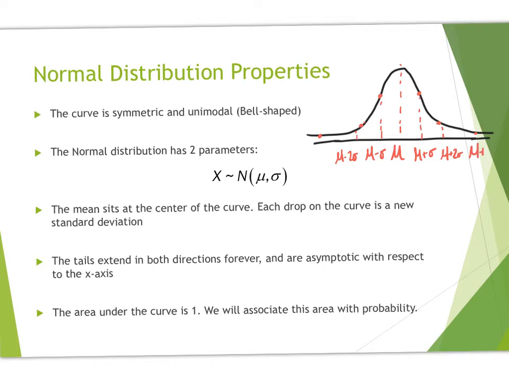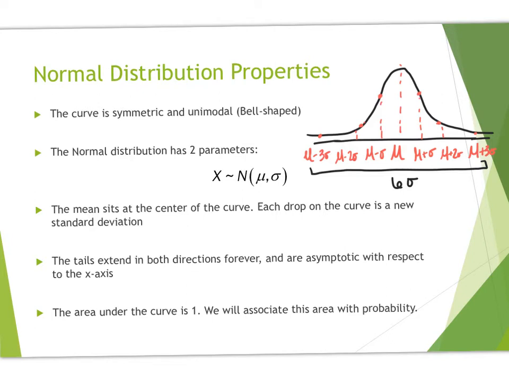This is mu plus 3 sigma. This is mu minus 3 sigma. And notice here I only drew 3 sigmas in both directions, 3 standard deviations in both directions. That's because from the empirical rule, we should remember that for the majority of our data, it falls within 3 standard deviations of the mean. So every normal curve, most of the data will fall within 6 sigma or 6 standard deviations under the curve.